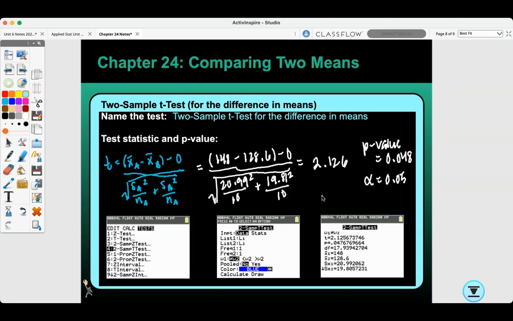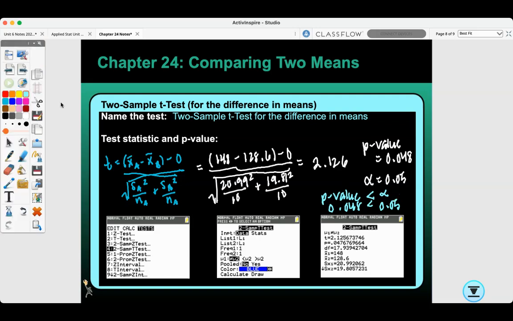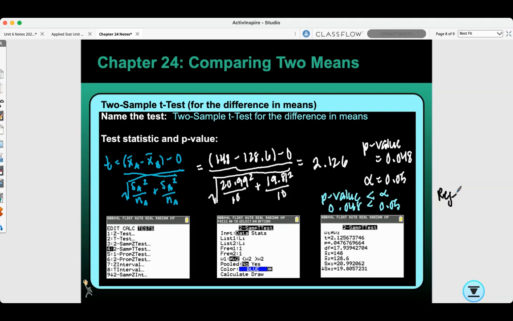Now, you want to compare your p-value to your alpha level. Our p-value is 0.048, which is less than 0.05. So because of that, we're going to reject the null hypothesis because our p-value is less than our alpha level.